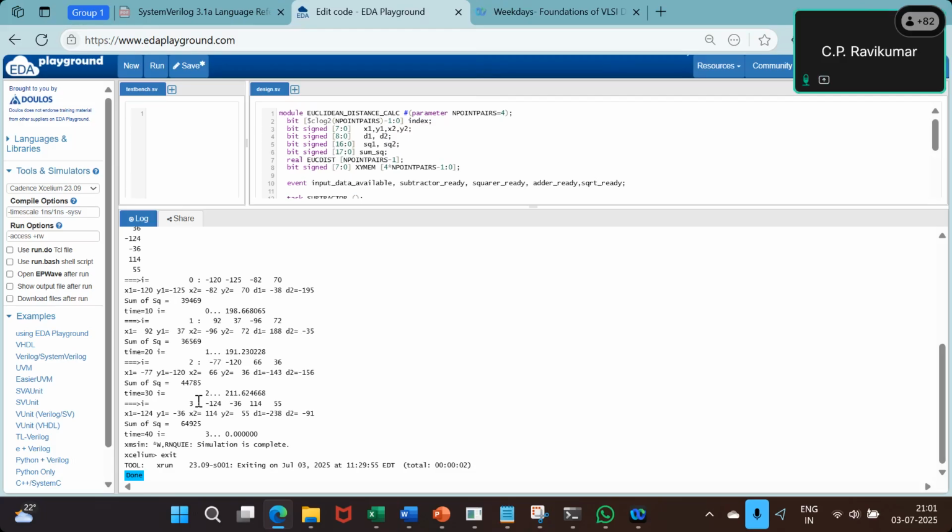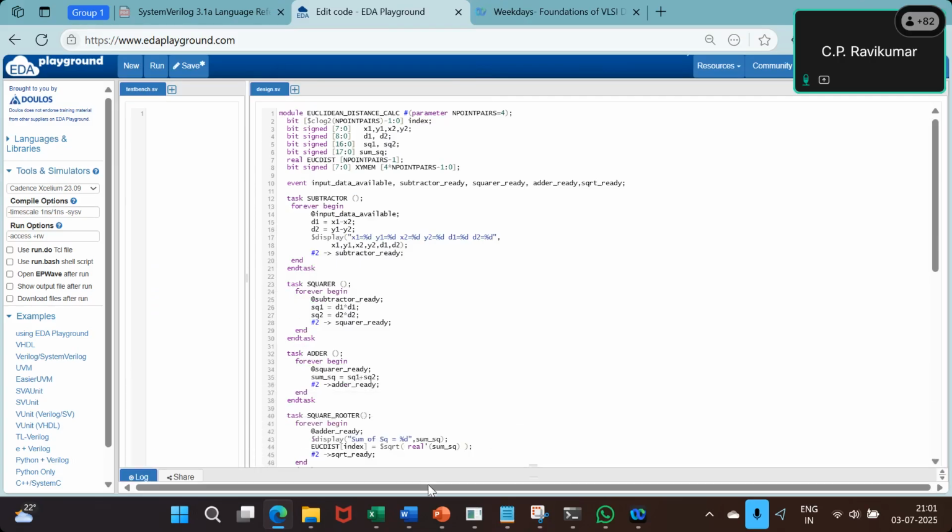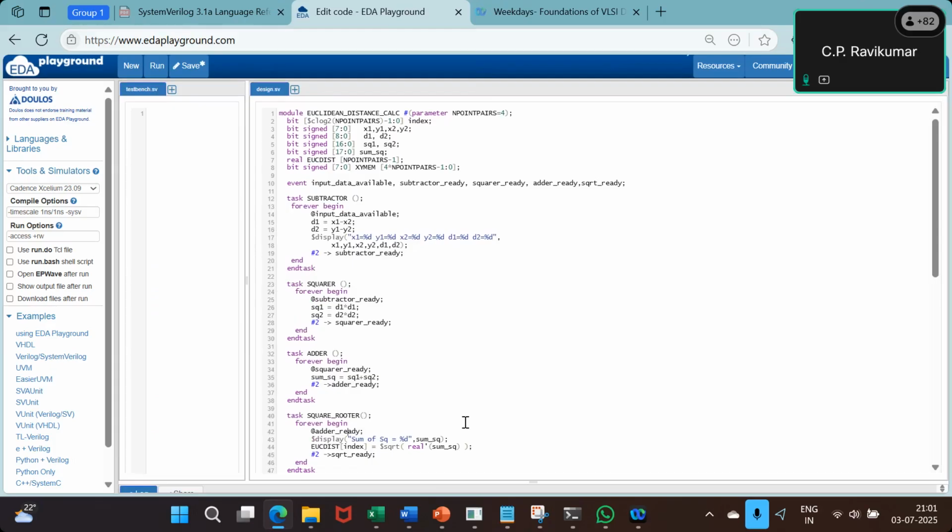Then the last one is not right. Okay, sum of squares. Why is it? Oh, you know what? I think it came out too soon. See, unfortunately, I think before it could print, it should not happen like that, right?